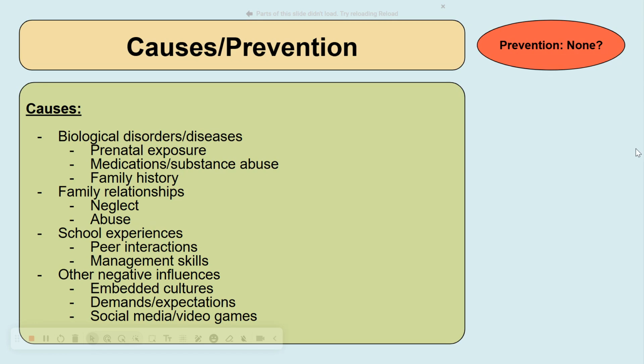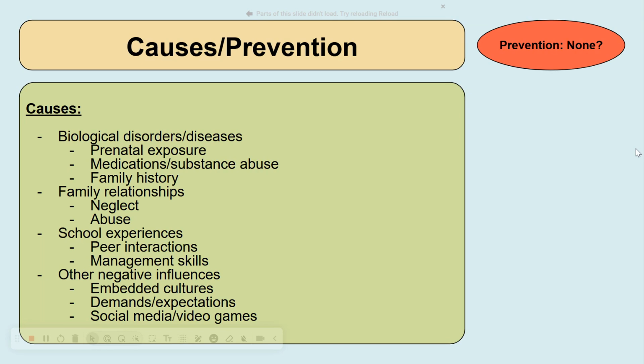If we're talking about prevention, based on these causes, there's not a lot of prevention that one person can do or not do in order for a child to not develop emotional behavioral disorder. It seems like there is a bunch of different collective items that come together to create the problems that the student is going through.